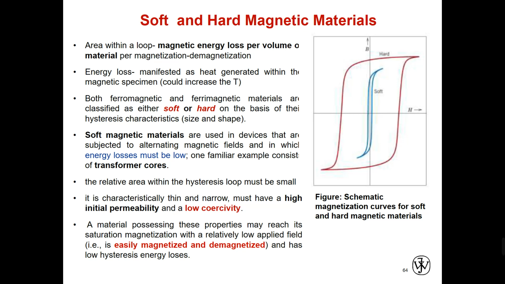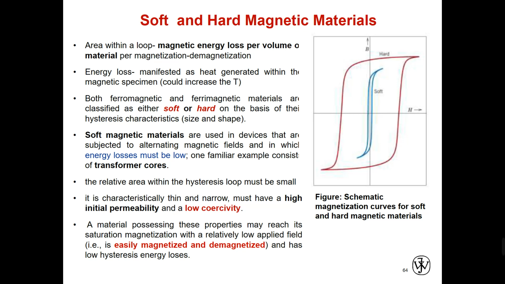Both ferro- and ferrimagnetic materials are classified as either soft or hard on the basis of their hysteresis characteristics, size and shape. If the hysteresis loop is small, it is a soft magnetic material, and if it is big, it is a hard magnetic material.